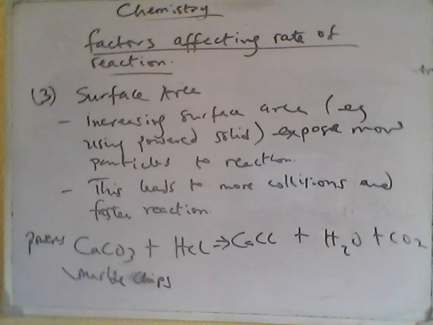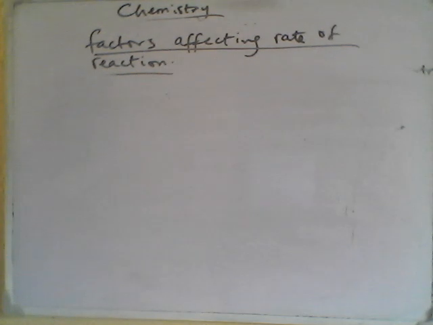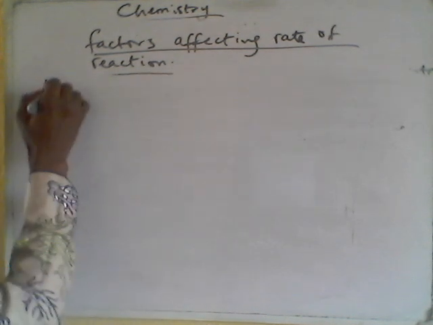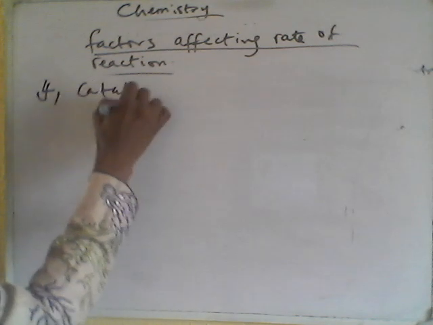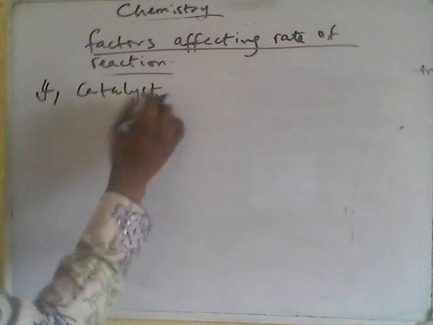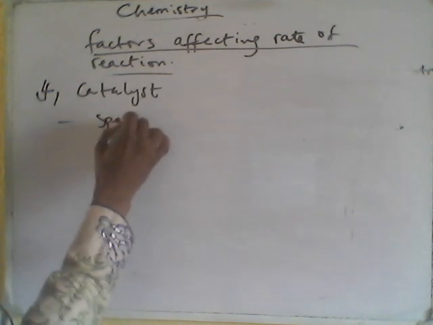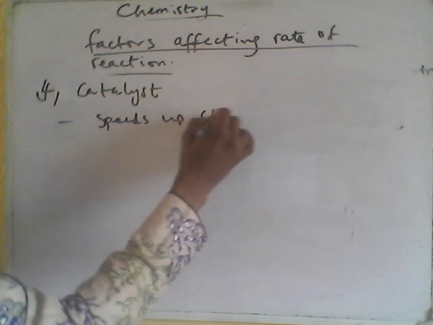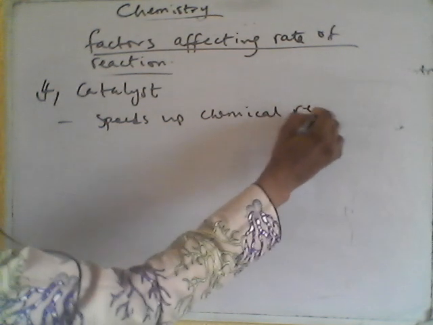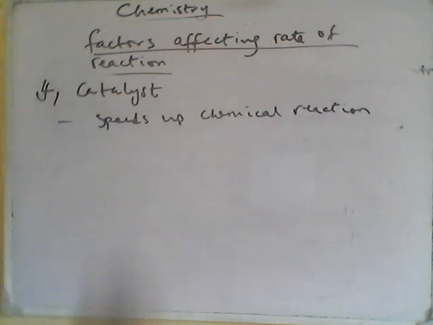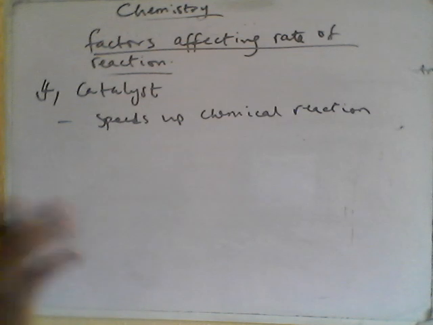So the next one is catalysts. The fourth factor that can affect chemical reaction is catalysts. Like I said, a catalyst is a substance that can make a reaction go faster without participating in that reaction. So a catalyst speeds up a chemical reaction. It also provides an alternative reaction pathway with lower activation energy.